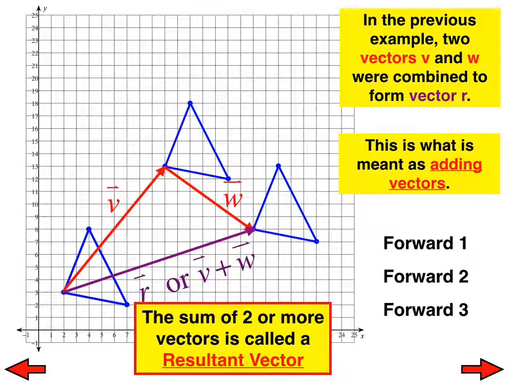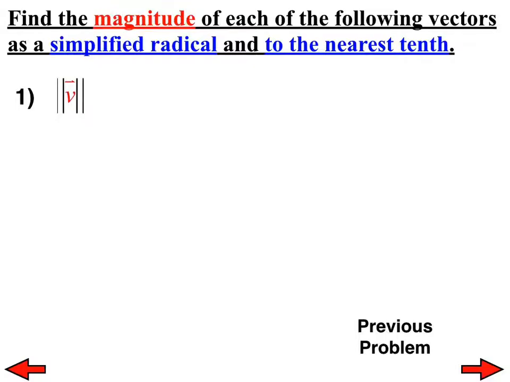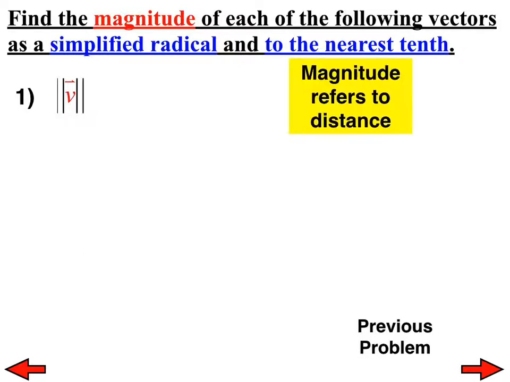All right, so before we can actually get into adding vectors, we got to go back to magnitude and discuss how we find magnitude. And I told you that since we're finding the distance, we've done that before. So if you want to find the magnitude of vector w, we're essentially finding the distance from the starting point to the end point of the vector. And 2, 3 was the original ordered pair that we moved.